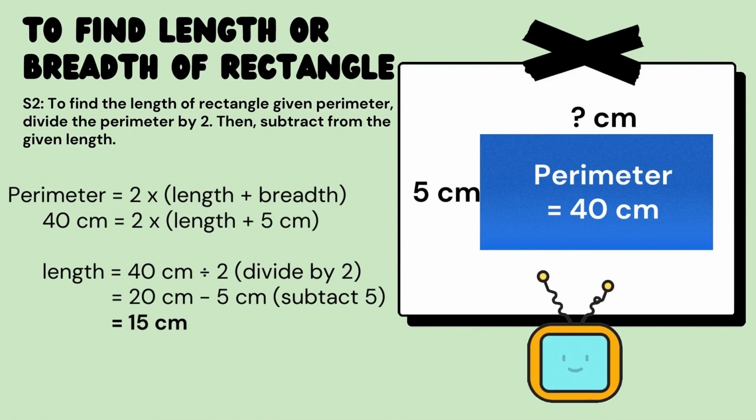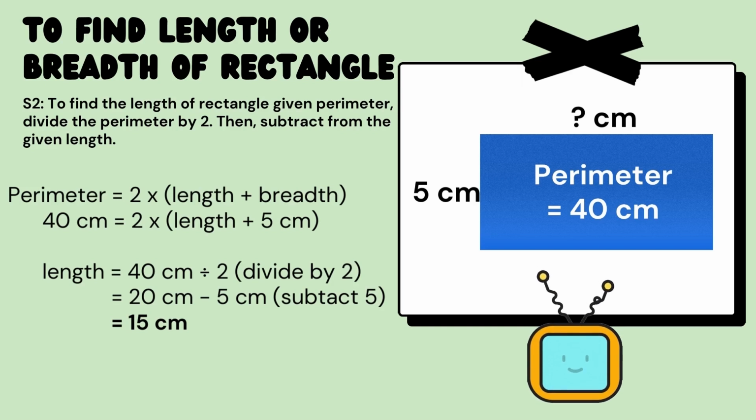Now, how about when you want to find the length or breadth of a rectangle, given the perimeter? If you look at the diagram, the perimeter is 40 centimeter and you are given the breadth, which is 5 centimeter. But what's missing there is the length. We don't know the length and we want to find the length.